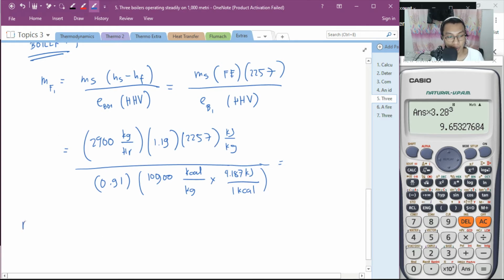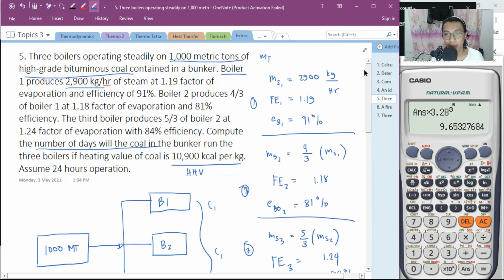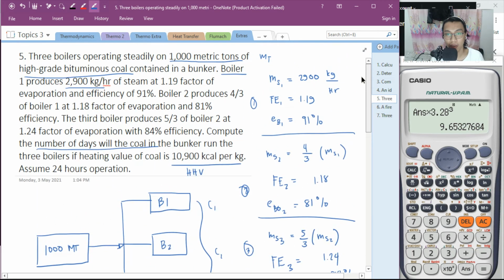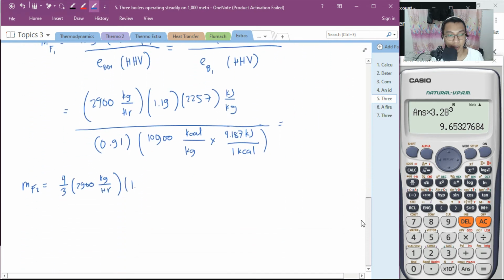Ganito yung technique. So, mass of the fuel nun 2, MS mo ulit, ang sabi diyan that is 4/3 nung MS1, 4/3 nung mass of steam dito, 2,900 kilogram per hour. Pareho lang yan nito, 1.18 times 2257. Ulitin mo lang yan, eh.